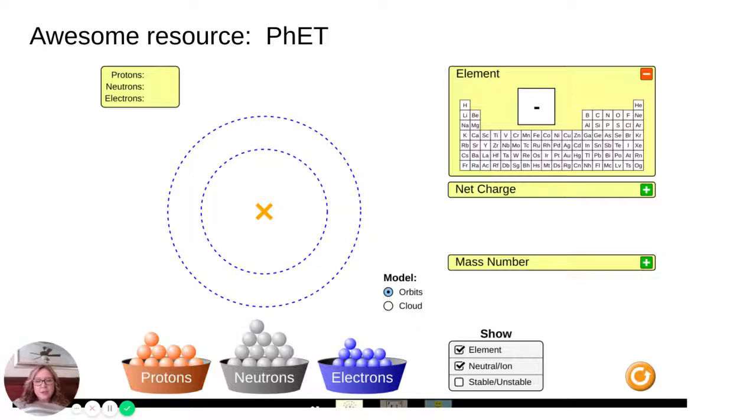So I just wanted to remind you to go to PhET and play around with their chemistry simulations. In one of the simulations, students can build atoms and see for themselves where the protons, neutrons, and electrons of atoms exist, and they can see the valence electrons themselves.